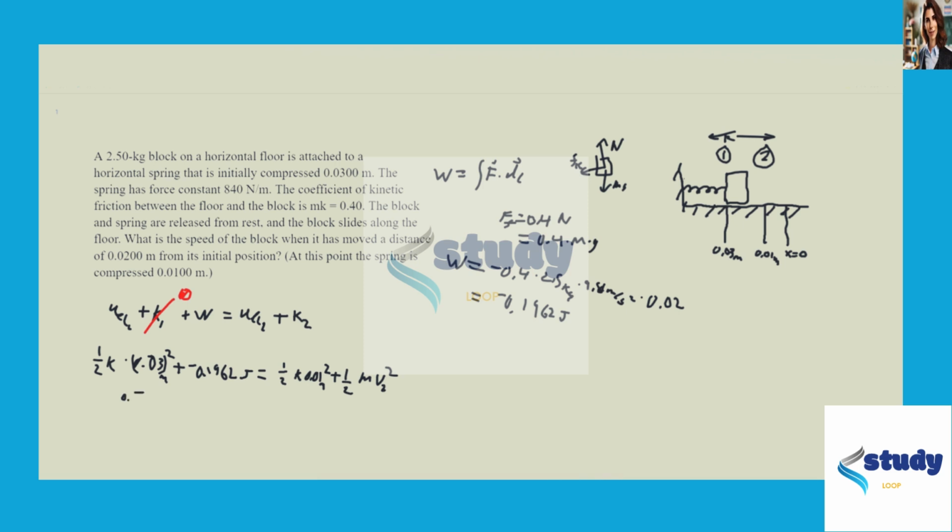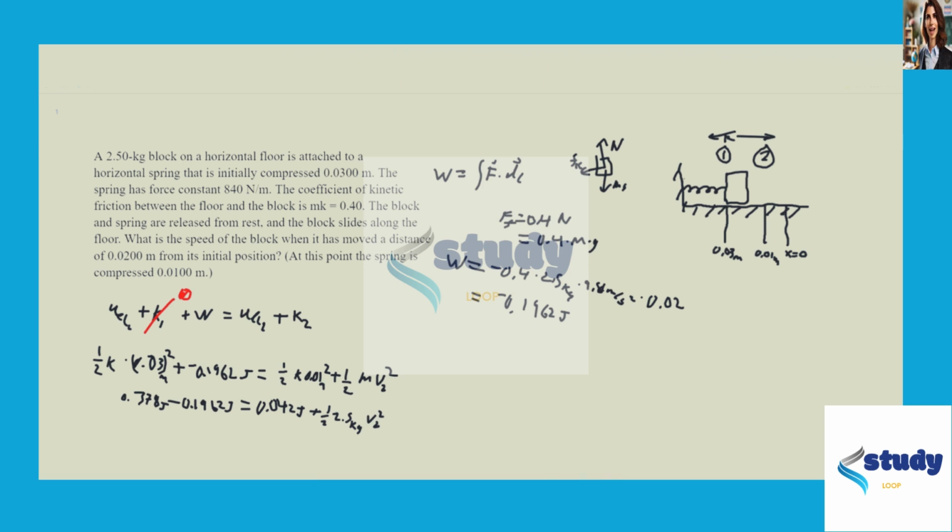So I have 0.378 minus the 0.1962 joules, equal to 0.042 joules plus 1/2 times 2.5 kilograms times V2 squared.